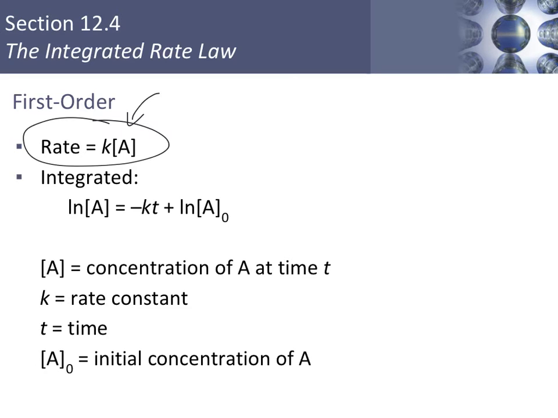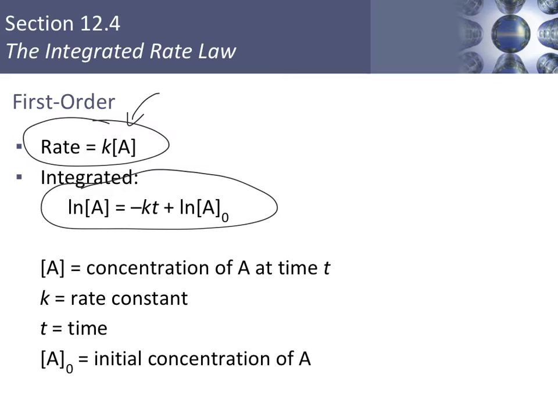We can put this equation into a different form using a calculus operation known as integration, and that gives us this equation. This is called the integrated rate law for first order reactions. We take the natural log of the concentration of A at time t, and that is equal to negative k times t, so the rate constant times time.